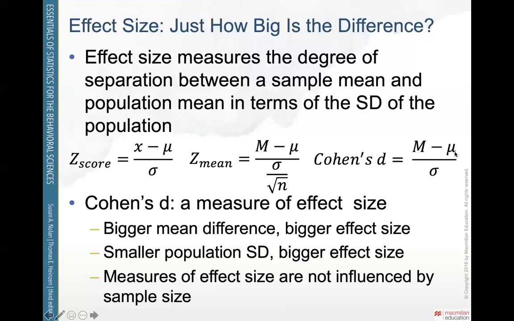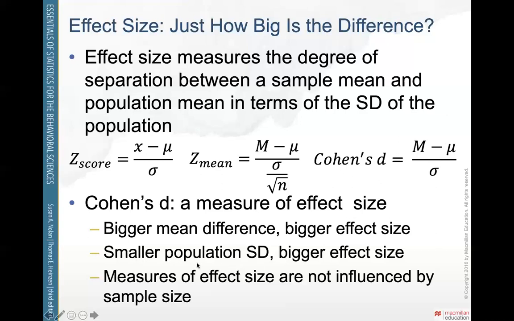The further apart these two numbers are, the further away the sample mean is from the population mean, the bigger a number you're going to get in the numerator. The bigger the difference between these two means, the bigger the top part of the fraction. And as the numerator gets bigger, the overall Cohen's d value gets bigger as well.